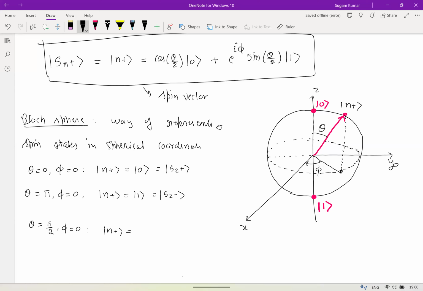This is going to become cos of pi by 2 over 2, which means pi by 4, and e to the power 0, and plus e to the power 0 and sin pi by 4, and this is nothing but 1 by root 2 times |0> plus |1>.